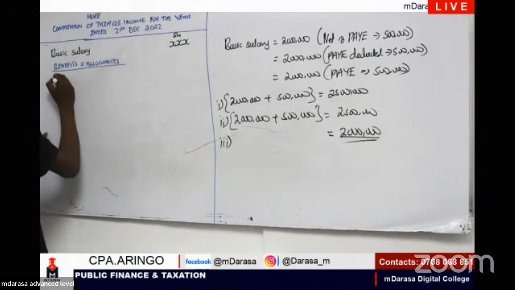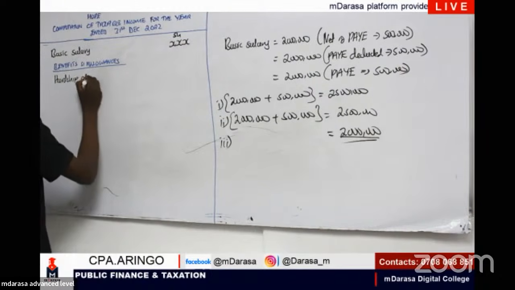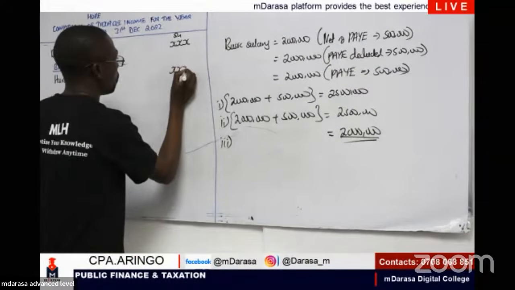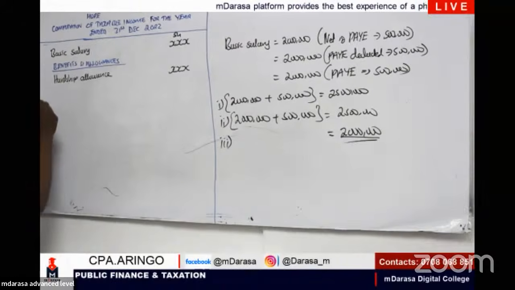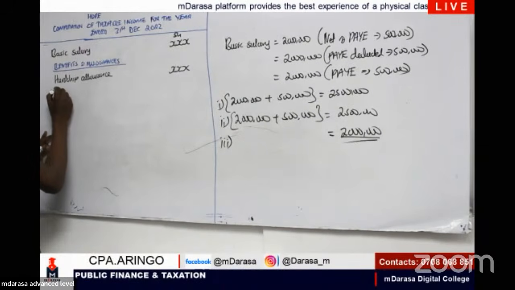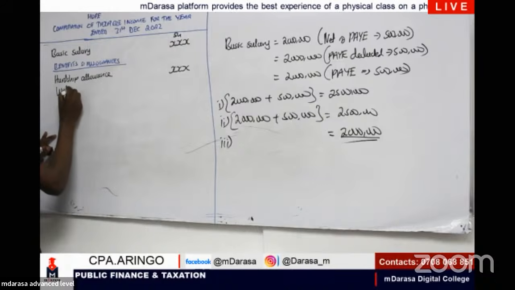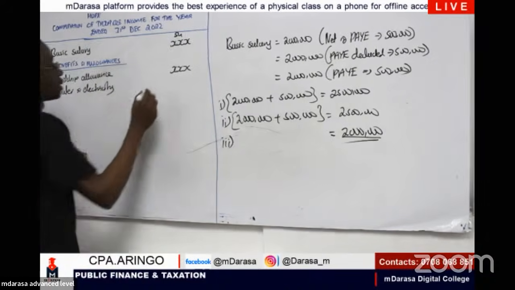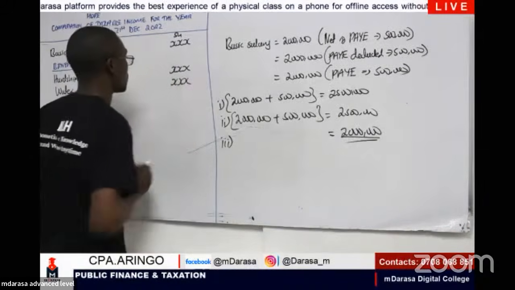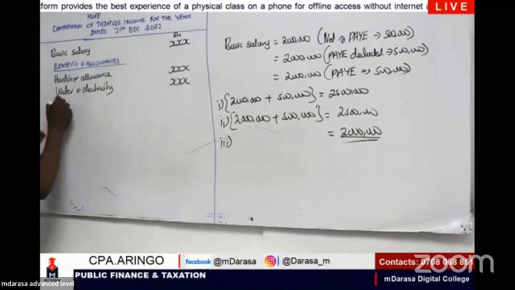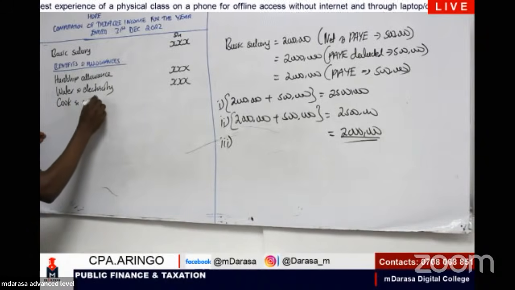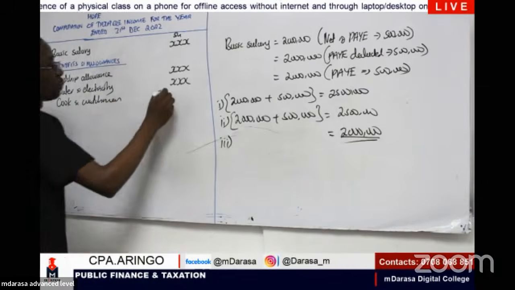Maybe I'm having, say, like hardship allowance, for example. That is our benefit. Put it there. Maybe I'm having water and electricity. Put it there. Maybe I'm having, say, like cook and watchman, whatever I was paying, we put it there.